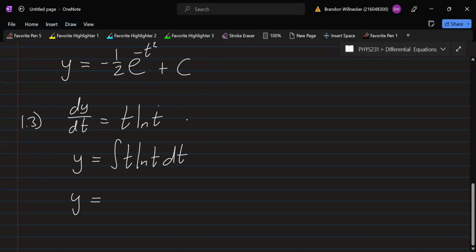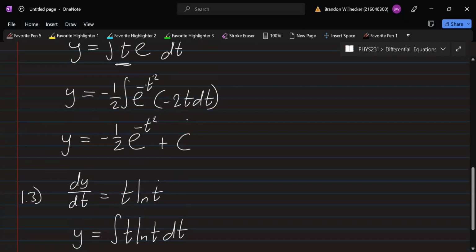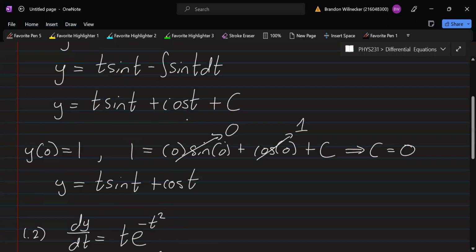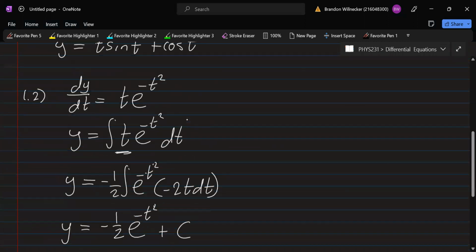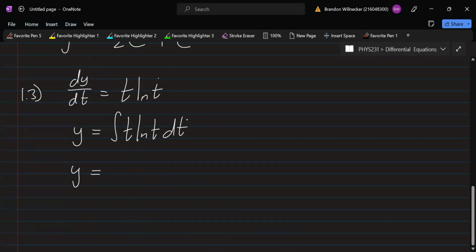Since we have a product of two functions, like we had before with t cos t, we can do integration by parts. So we let u be the natural log of t, because when we differentiate that, we get 1 over t, which will cancel nicely with the t squared that we get from integrating our dv.